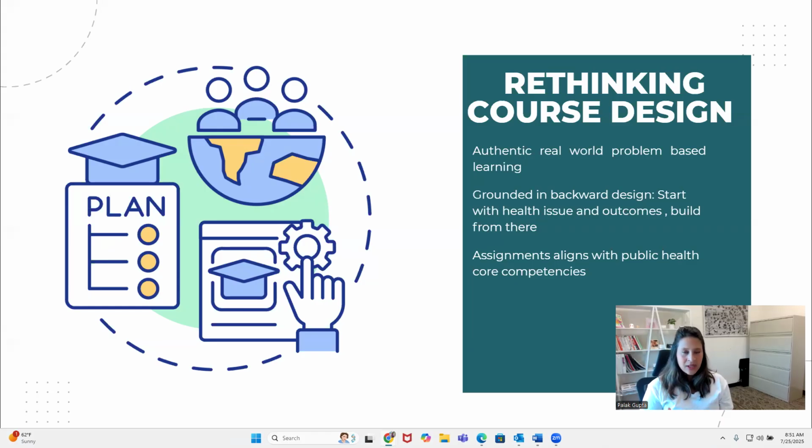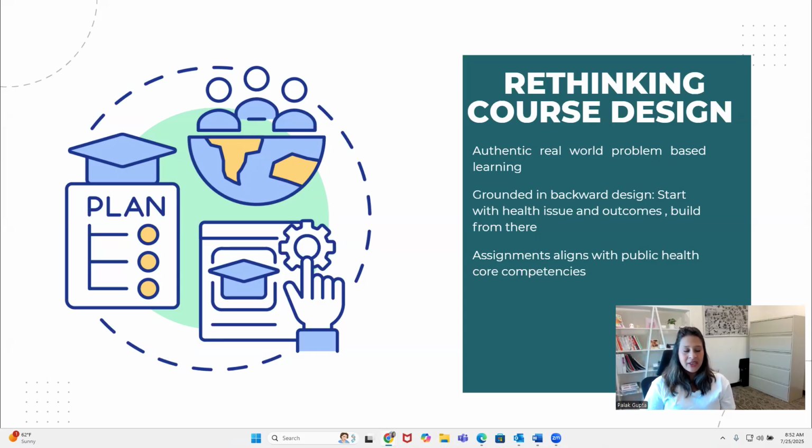So we have a health outcome in mind, that our population, our public health community should be healthy, and it could be any health outcome. And now we rethink our design on what programs we can develop to achieve those outcomes. This method ensures that every component of the course is purposeful, very intentional, and aligned with real world needs.